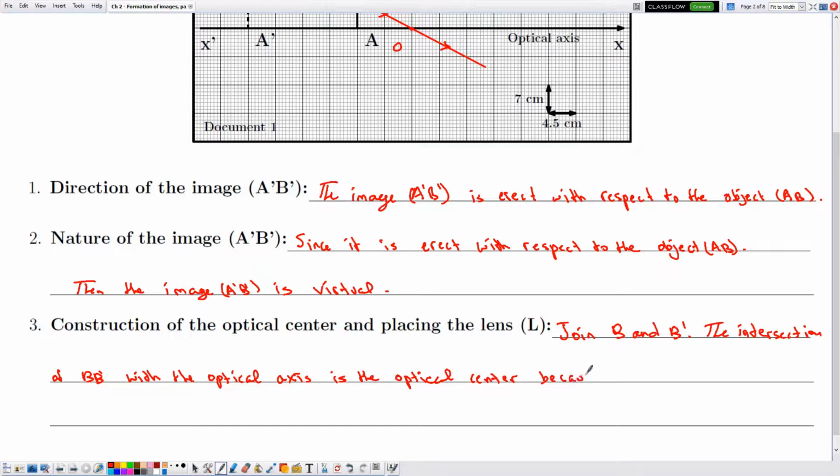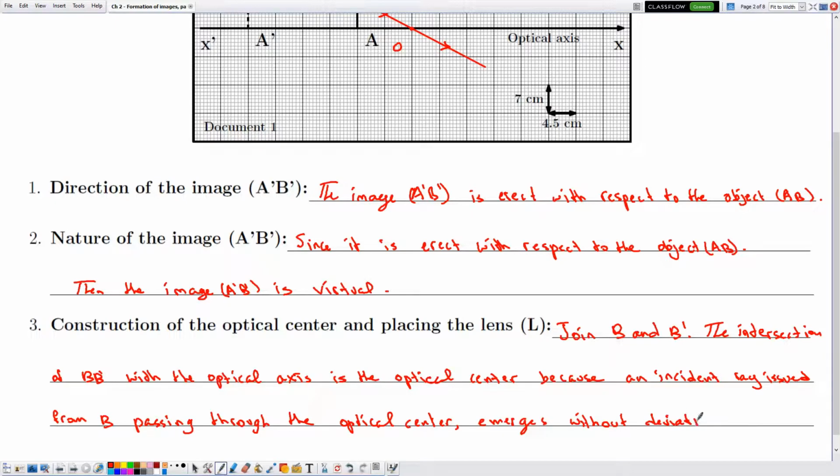This is because an incident ray issued from B passing through the optical center emerges without deviation.